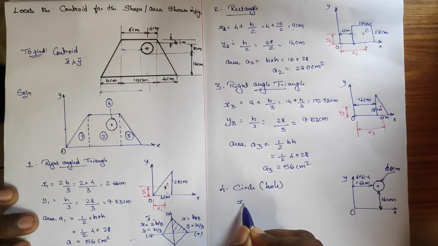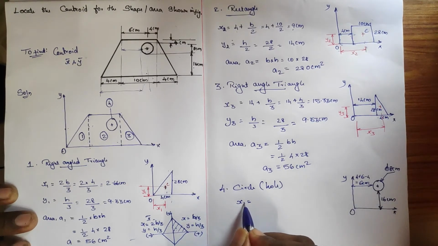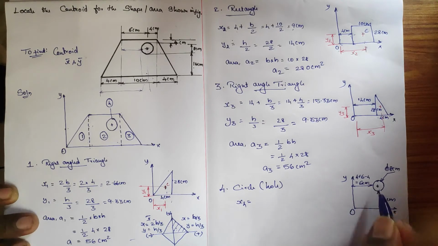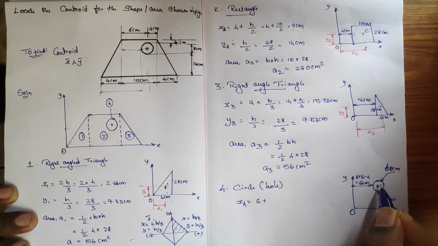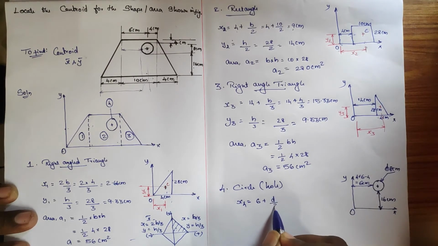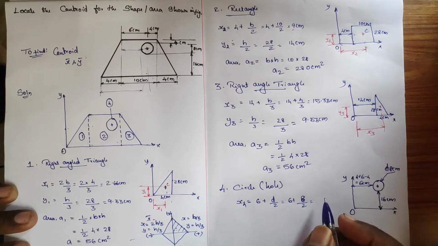So now X4 we need to find. That is this particular distance to the center. That gap is 6 plus the self-centroid measurement d divided by 2. So 6 plus 8 divided by 2, I get 10 centimeter.